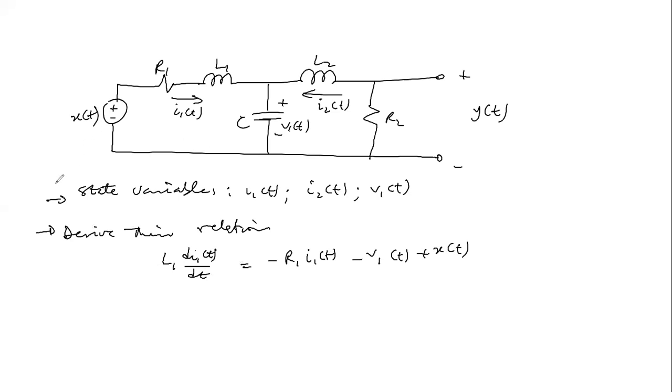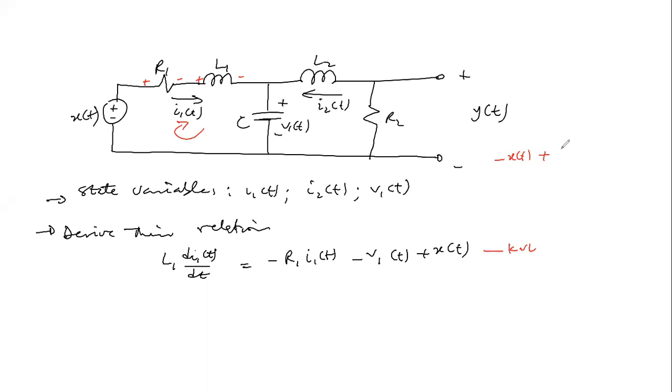I'm sure you already, well, let's work this out so it doesn't look like magic. Here, the current is moving in this direction, right? So let's write KVL. That will be minus S of t. Recall your passive sign convention, right?